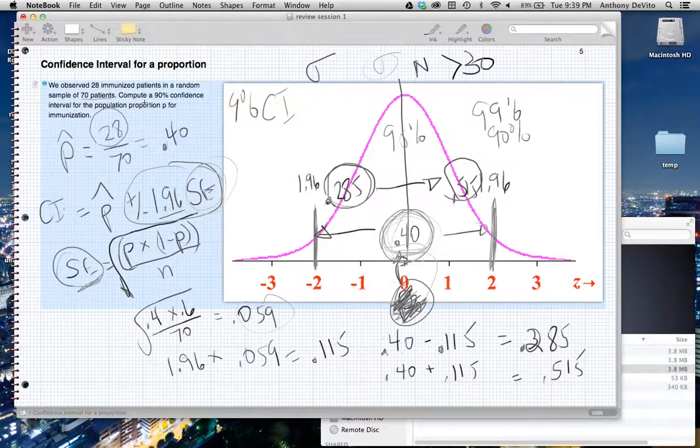That means we had 42 people that were not immunized, right? 28 that were, 42 that weren't, that adds up to 70. Both of those sides have to be greater than 15.